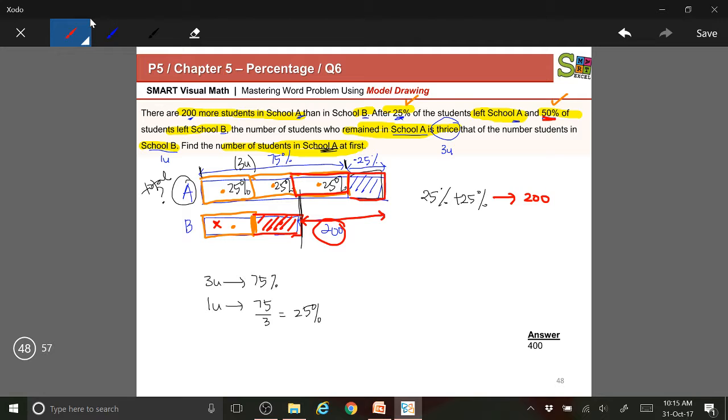So they asked to find the A at first, which is 100%, right? So we find the 100%.